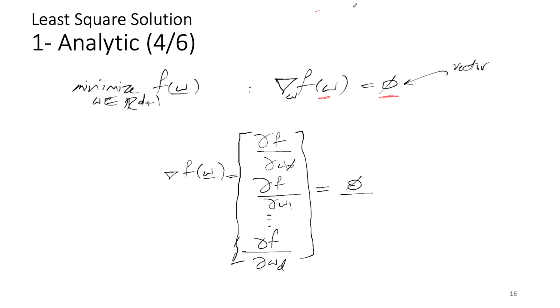So all the partial derivatives, such as the derivative of f with respect to W0, up to the derivative of f with respect to Wd, are equal to 0. So this is the vector of 0, or a fat 0, right? So now we are interested in finding those gradients.